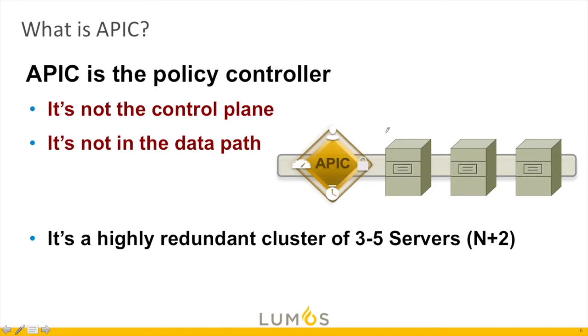For production, of course, we're going to want at least 3 because every piece of information is recorded 3 times. You can go up to 5, although 5 is typically for a really large fabric with a lot of ports and a lot of changes being made. It is a highly redundant cluster, and they are all active. Unlike traditional controller architectures with active standby, in ACI, everyone is active.